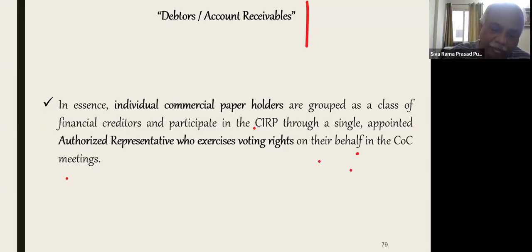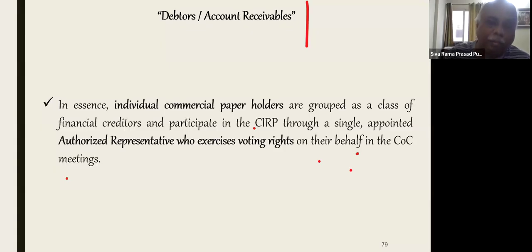Okay. You have sent the particular decision taken at the COC. Out of that 1000, 500 people participated in the voting, and 500 people did not participate. For those who did not participate, that list has to be prepared separately, and the authorized representative will simply forward that information to the resolution professional, and accordingly the resolution professional will take a call.